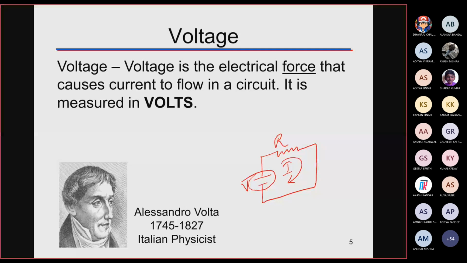Now, there are some conditions, like if by any means or due to any fault in the network, an open circuit suddenly takes place between any two terminals, then whatever the magnitude of the applied voltage in that electrical circuit, the current is not going to flow, right? So the circuit should be completed so that the current can flow through it. So voltage is basically an electrical force which causes the current to flow.